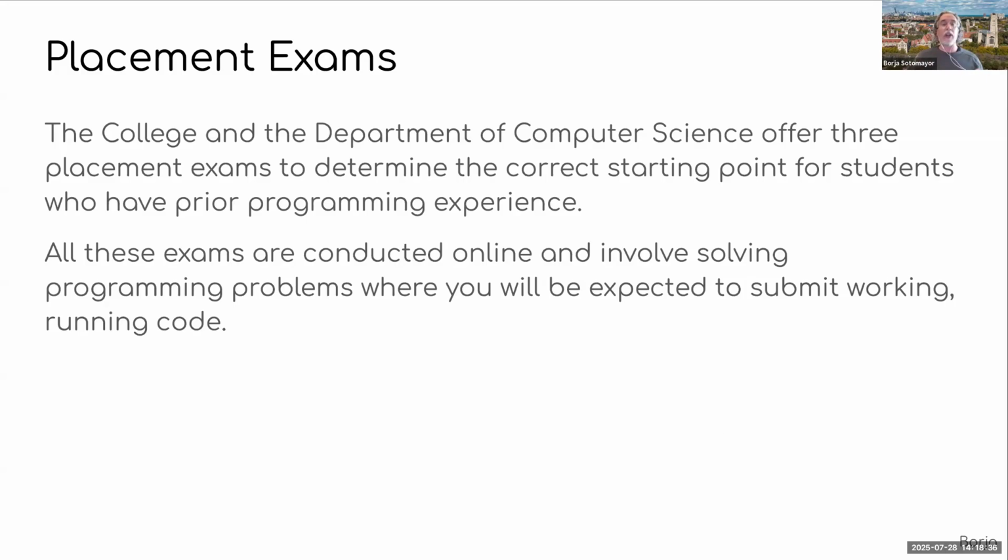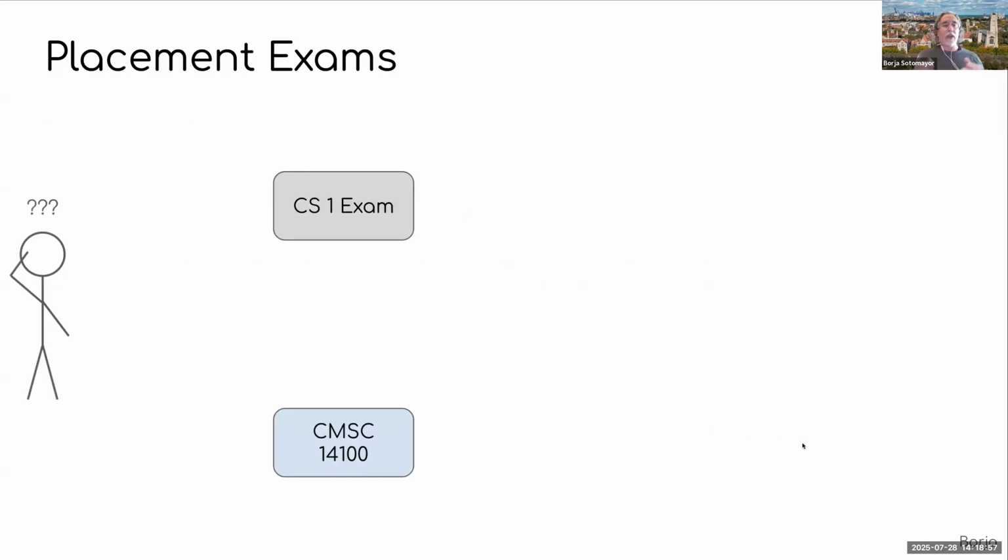It's just an exam that you can choose to take if you have prior programming experience and you feel like you want to start later in the intro sequence. These are online exams, but they do involve writing actual working code that has to solve certain problems that we give you. So next slide, please.